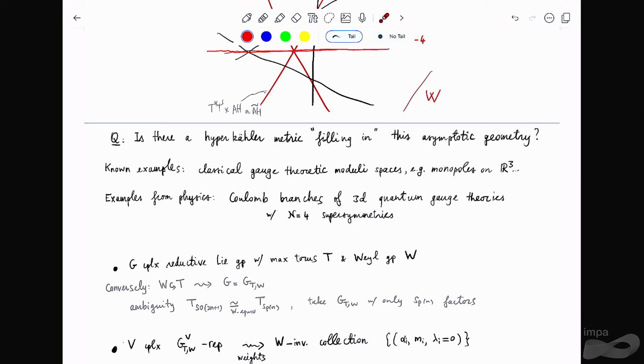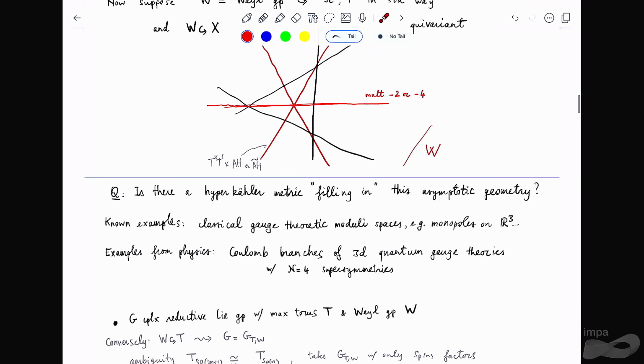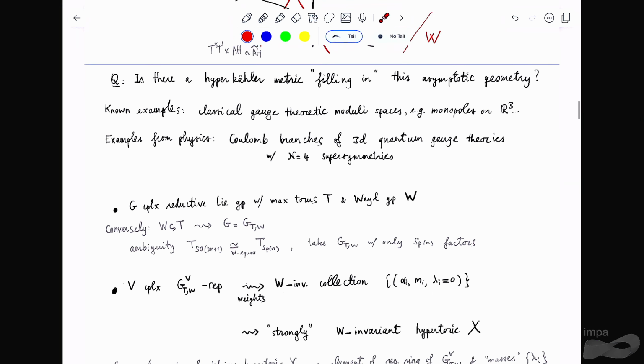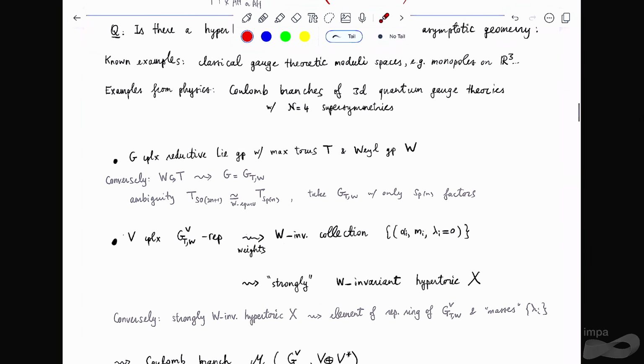And my understanding is that this quantum theory is associated with a complex reductive Lie group G and, at least in the simplest case, a complex representation of the Langlands dual group of this group G. And somehow this data puts us exactly in the situation that I started with, in the following sense.